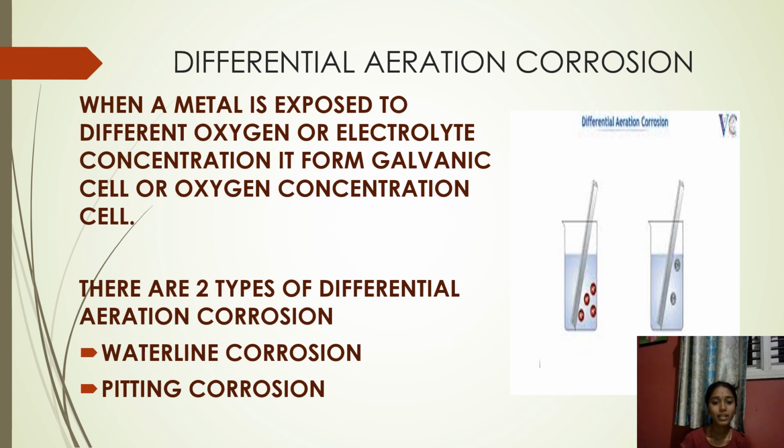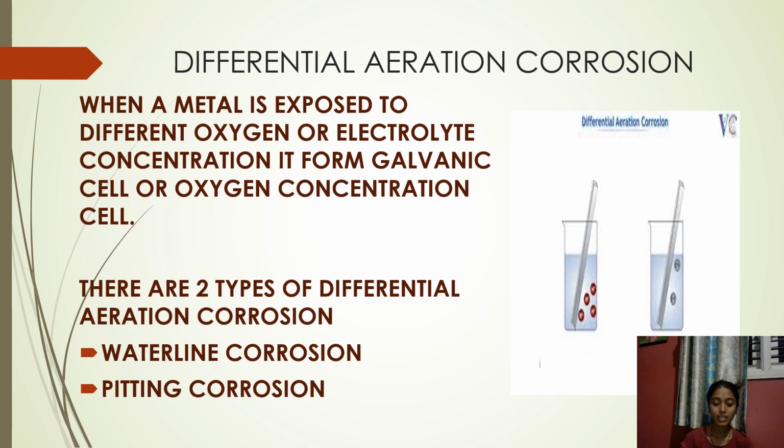Let us move on to pitting corrosion. Deposition of impurities like dust, sand, a drop of oil or water on the metal surface induces pitting corrosion. The part of the metal covered by the impurities is in contact with less oxygen concentration compared to the other part of the metal. Due to this uneven oxygen concentration, a cell is formed.